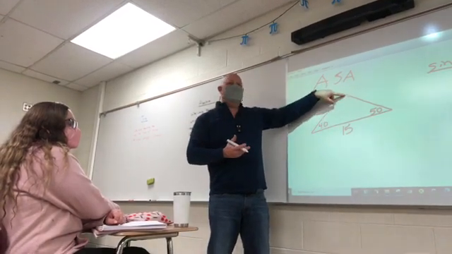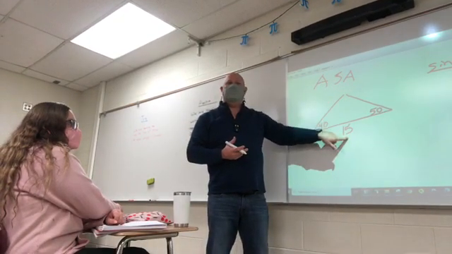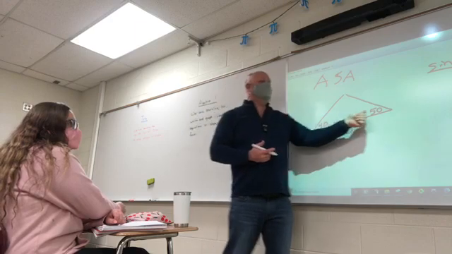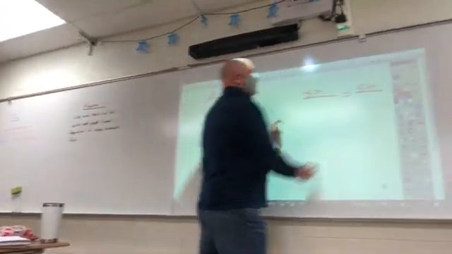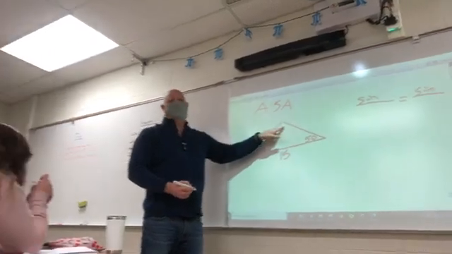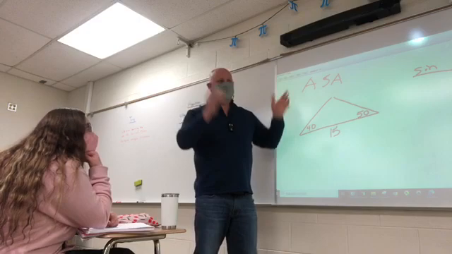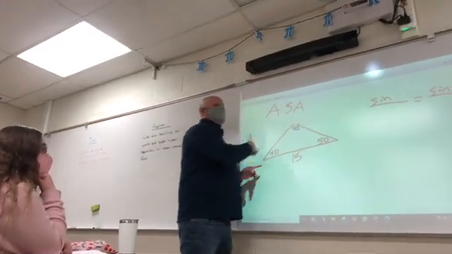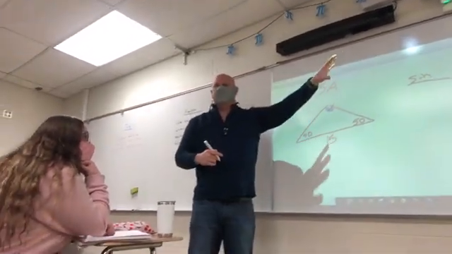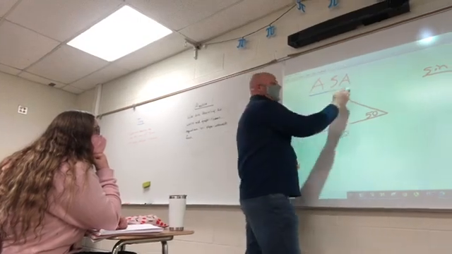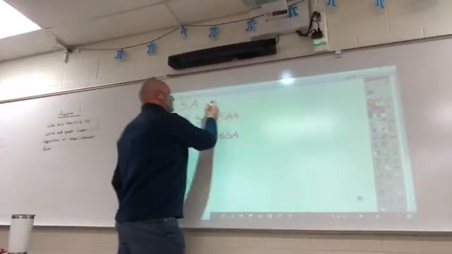And once I find this, will I have a pair? Yes. If I was given angle, side, angle, I would have to find this other angle, which in this case actually works out to be 90, right? Which I shouldn't have done, but whatever. And now I could set up a proportion. So angle, side, angle, yes.